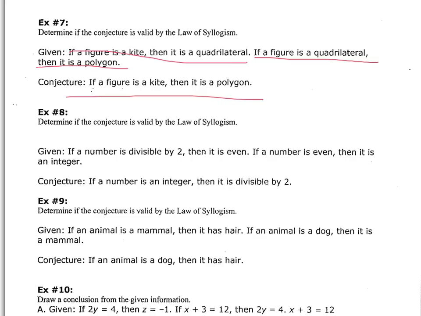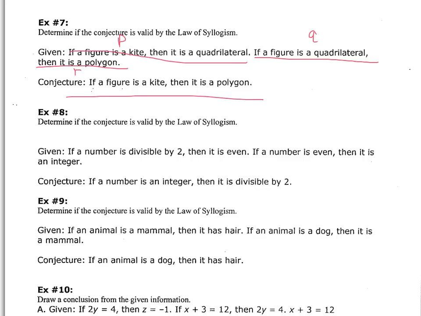Let's figure out which part is P, which part is Q, and which part is R. Our P is if a figure is a kite. Our Q is if a figure is a quadrilateral. Then our R would be it's a polygon.